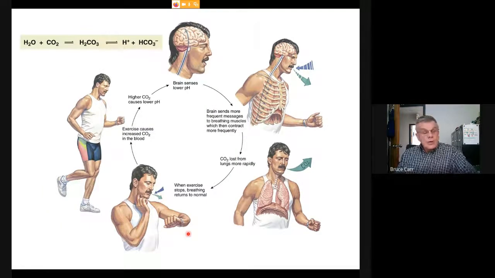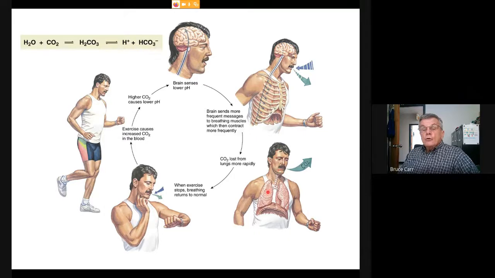So here we have the cycle that we all go through every day from at rest. This exercise, where we're beginning here, produces higher CO2 and lower pH. The brain senses that lower pH and it accelerates our breathing. We breathe faster and deeper during our exercise.